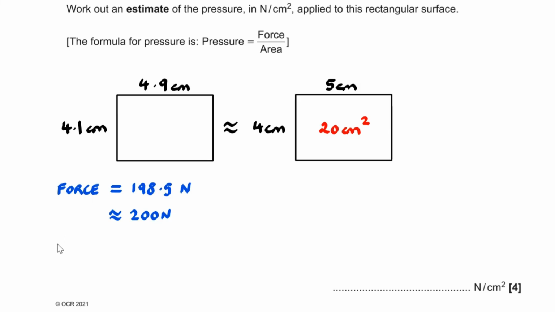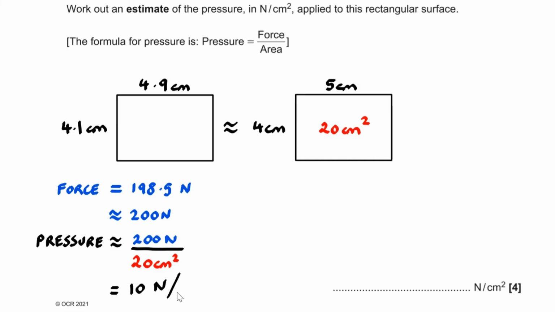So to work out the pressure, that will approximately equal our force, 200 newtons, divided by the area, 20 centimeters squared, and it turns out this is 10 newtons per centimeter squared.